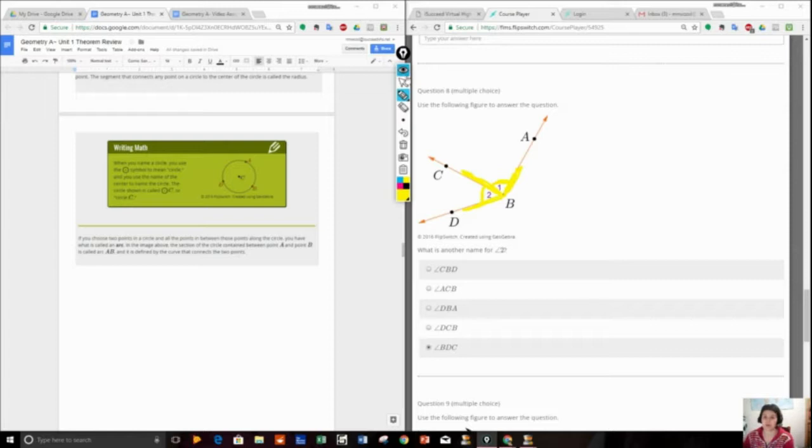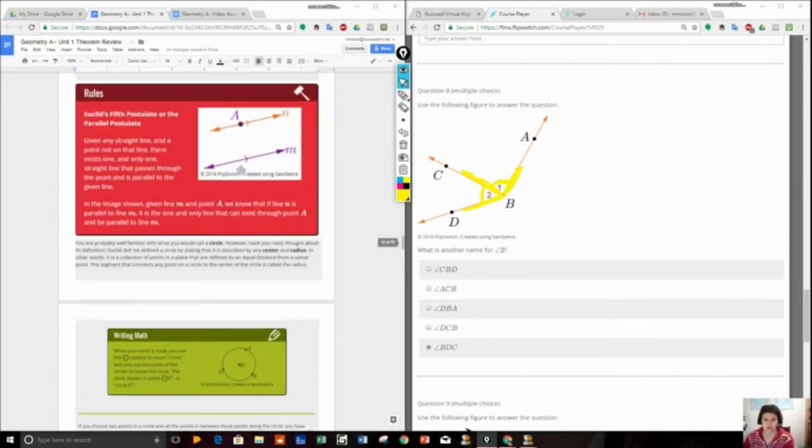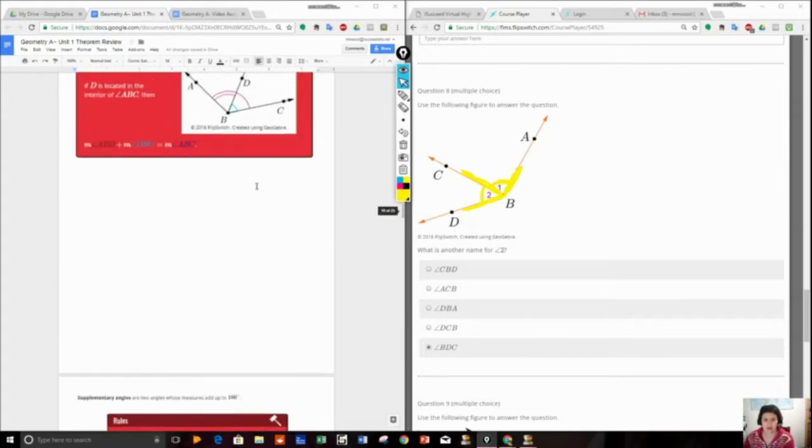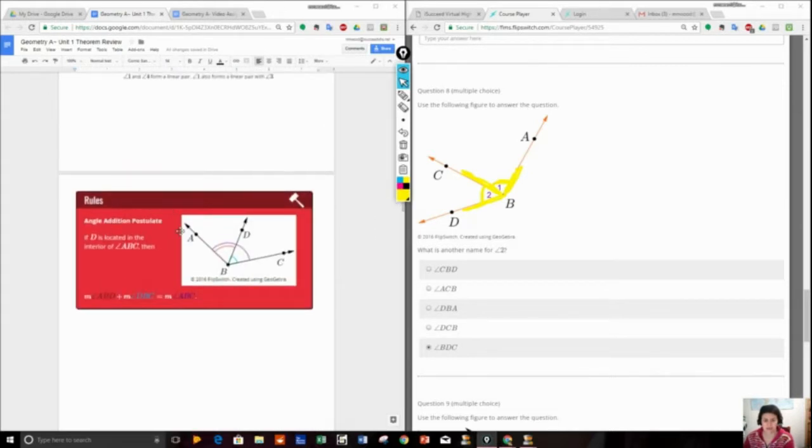Okay, so I'm going to look for angles on this, say I don't remember anything, and so we have this angle addition postulate, and I see a similar ray, and then it says if D is located in the interior of angle ABC. Well, this is giving me an idea.